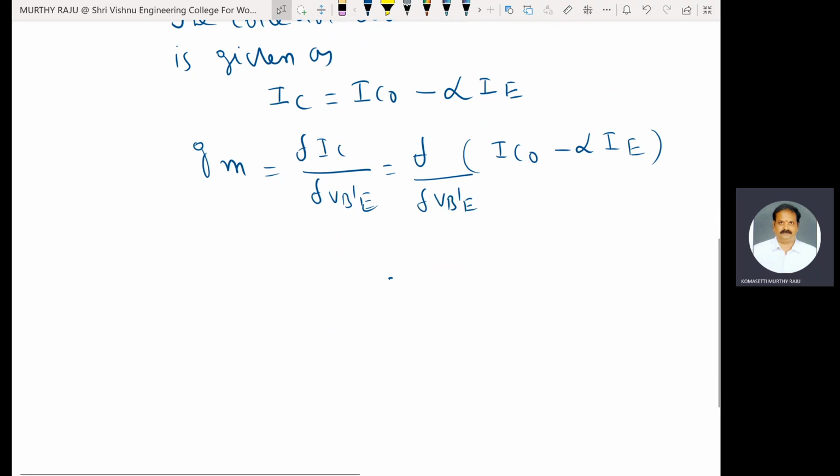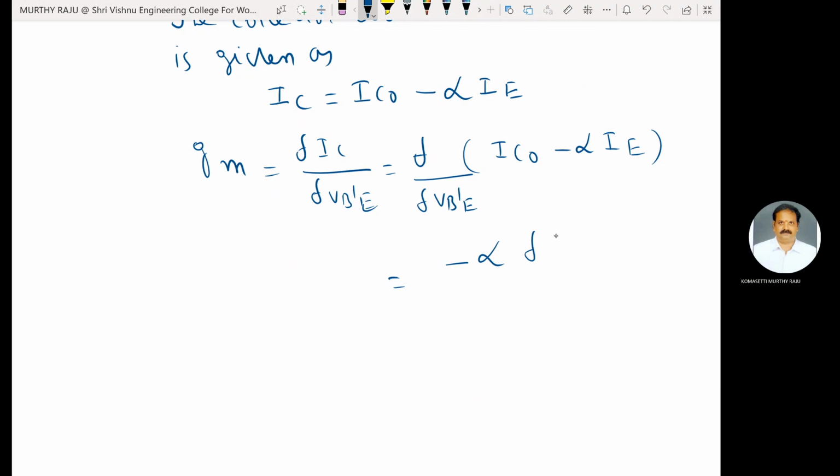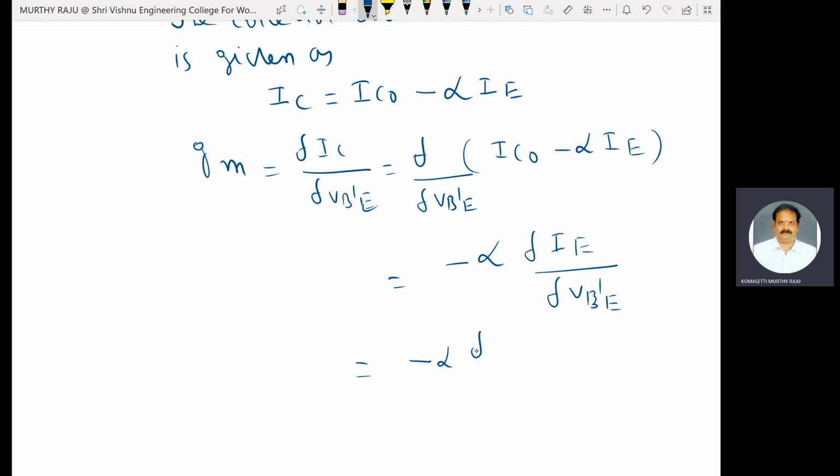IC naught is constant, so gm is equal to minus alpha into dou IE by dou VB dash E.